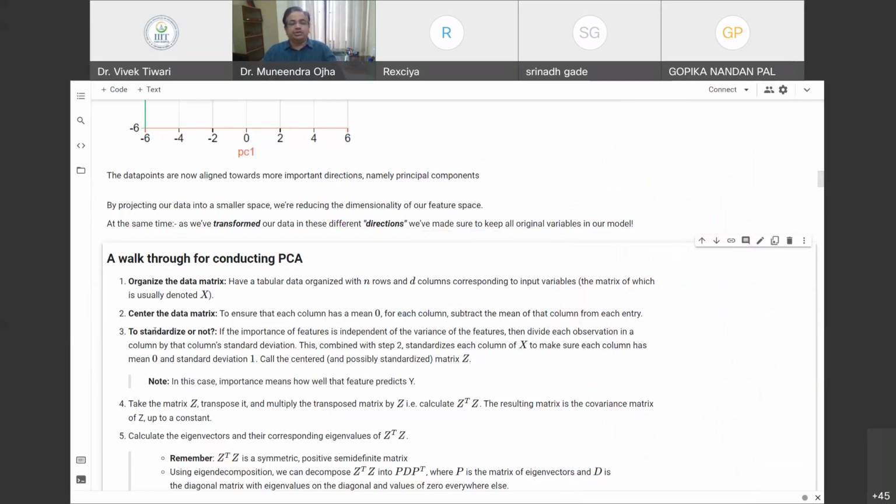Now there is a question to standardize or not. To standardize means mean 0 and unit standard deviation of 1.